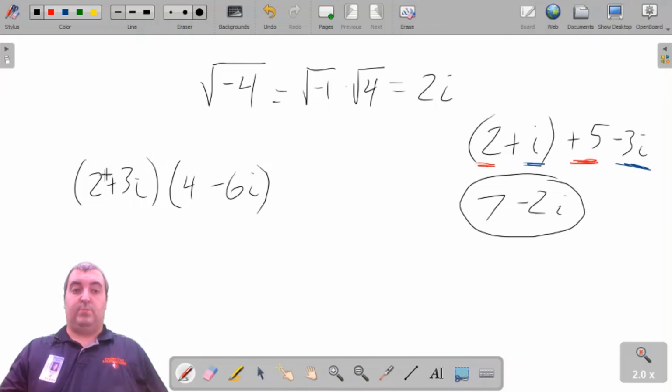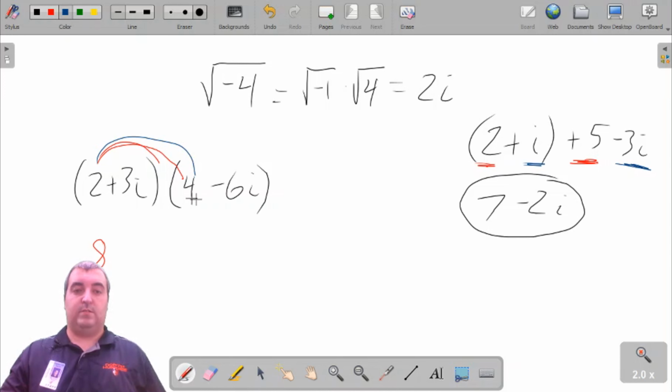If we wanted to multiply this out, we'd multiply it just like we normally would if it was a variable. 2 times 4 is 8. 2 times -6i is -12i.